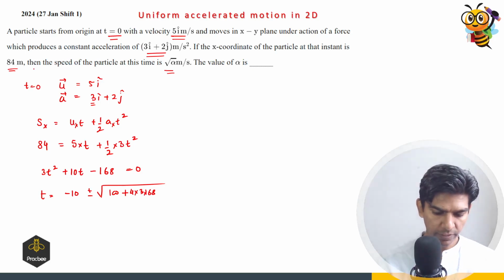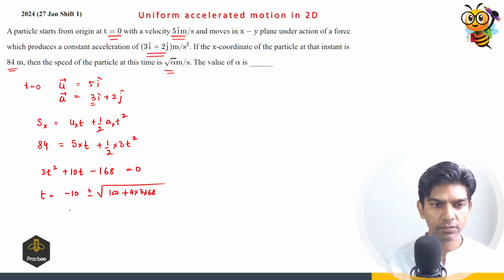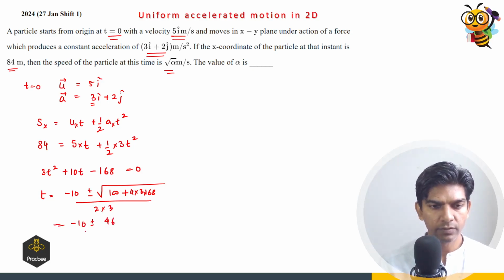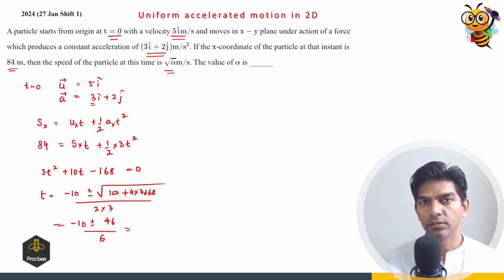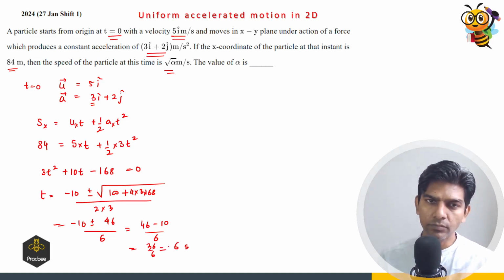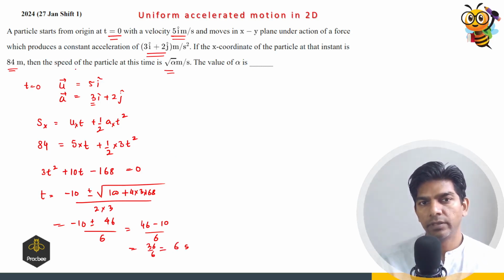So we have 12 times 168 plus 100, so it will be root of 2116, so it will be 46. Right, so 46 divided by 2a. So minus 10 plus or minus 46 divided by 6. Let us take the positive one. So 46 minus 10 divided by 6, so that will be 36 by 6. So 6 seconds. So after 6 seconds, the x coordinate will become 84.